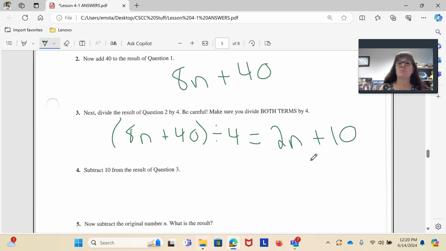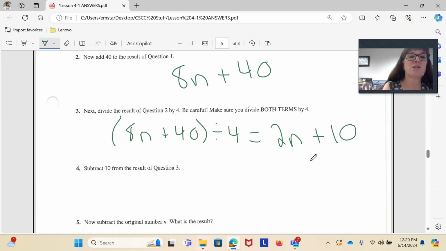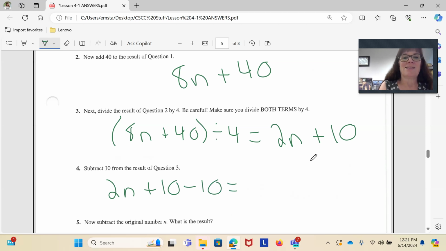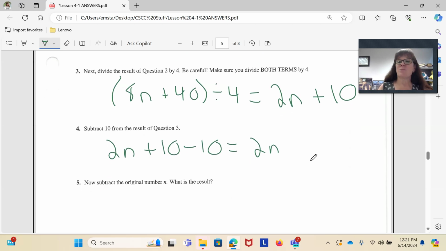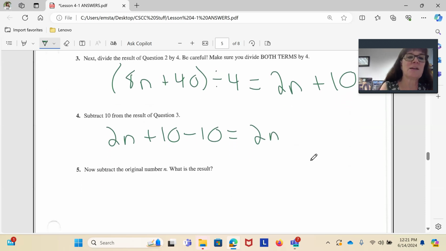Now number 4 says subtract 10 from the result. So take 2n plus 10 minus 10. And we're left with 2n. And then the last step was to subtract the original number. So we take the answer we had for 4, 2n, and subtract the original n.